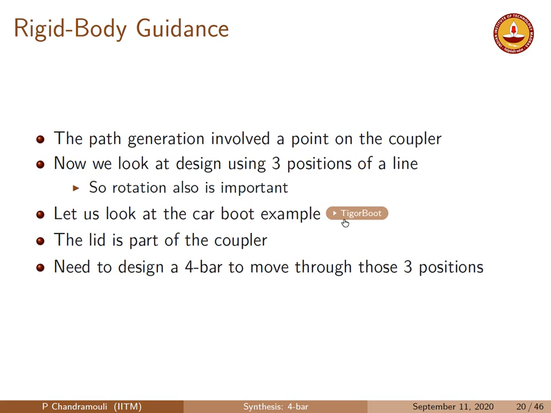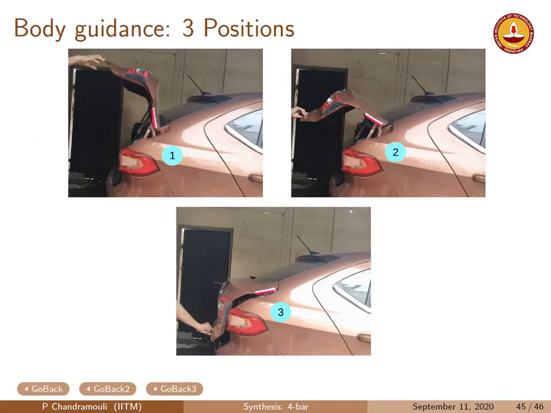So let's go back to the car boot example, the Tigor boot that I have. I have frozen this at the 3 positions that I'm going to use for the design. You can see I have stuck a piece of paper and I have drawn a red line here. So this is one of the positions of a line on the coupler. The car boot lid is basically a part of the coupler.